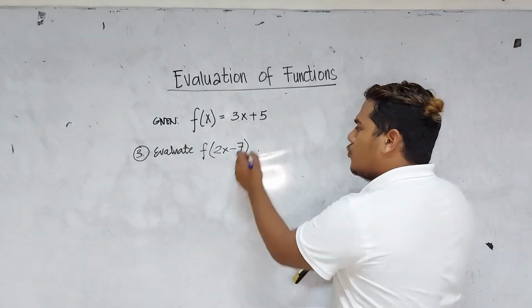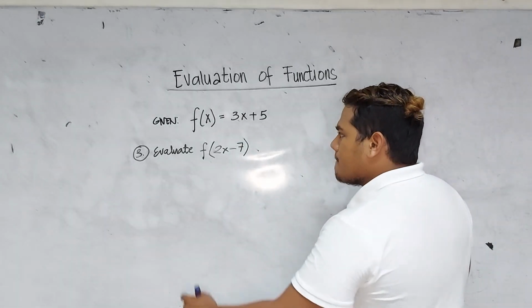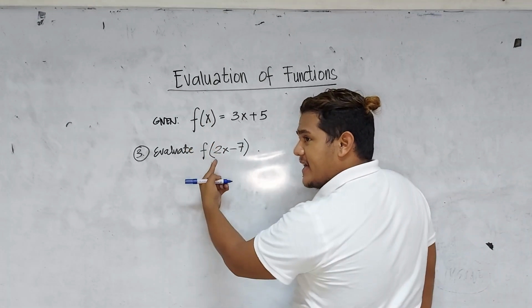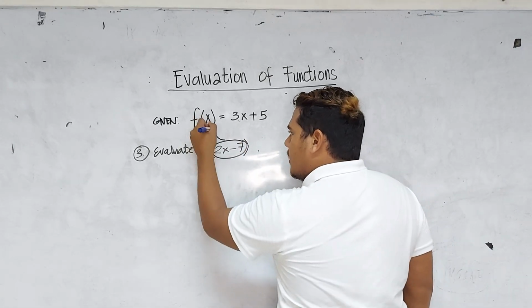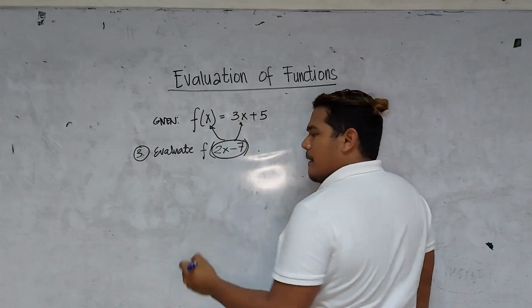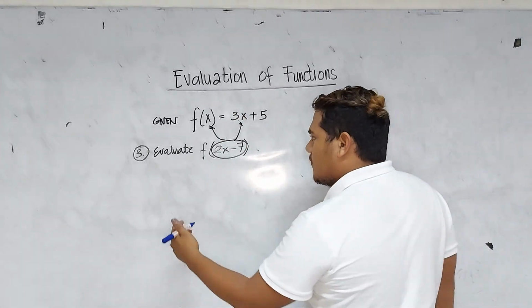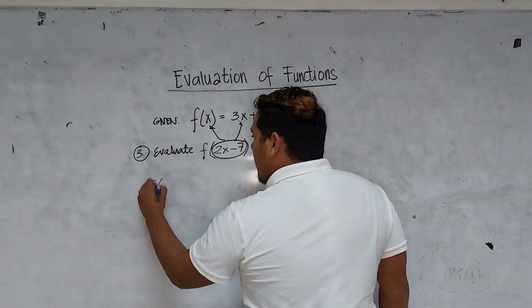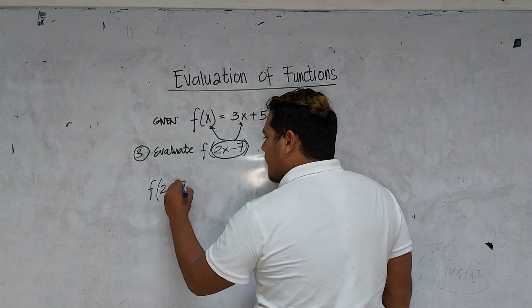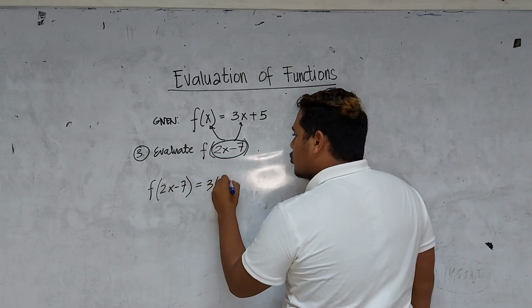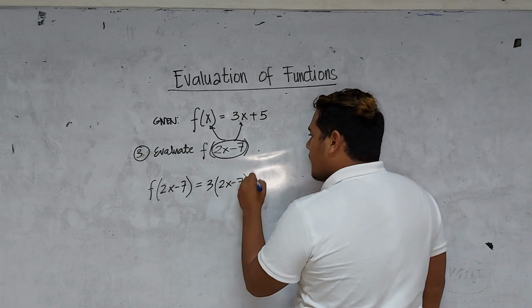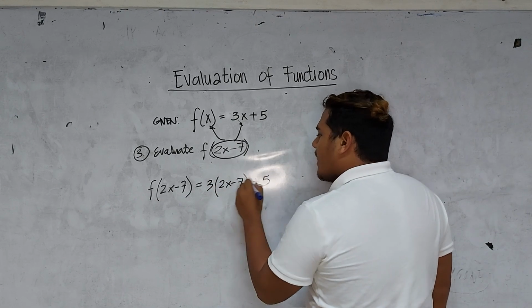You only have to substitute this value to all the x's here. It's the same as before, evaluation of function. So this becomes f of 2x minus 7 is equal to 3 times 2x minus 7 plus 5.